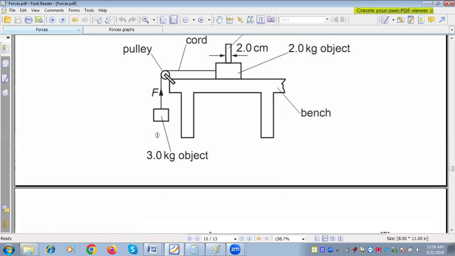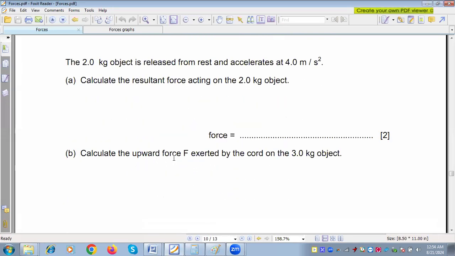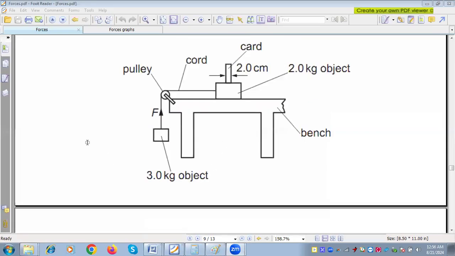So the weight is 30. What is asked? Calculate the upward force exerted by the cord. This F is to be calculated on the mass of 3 kilogram.